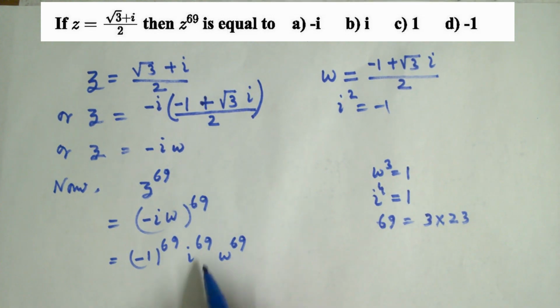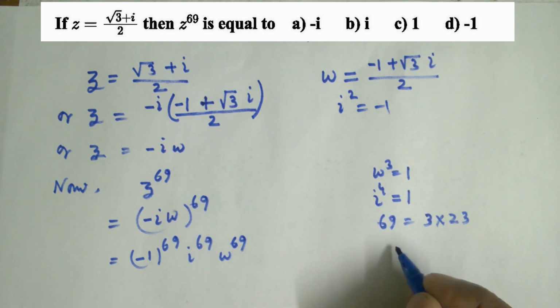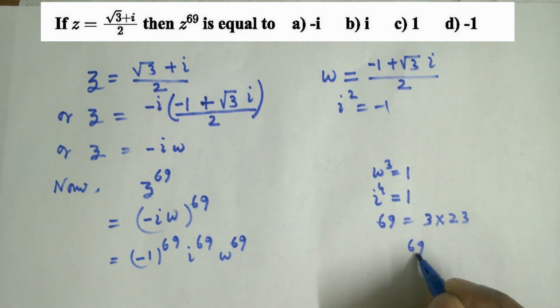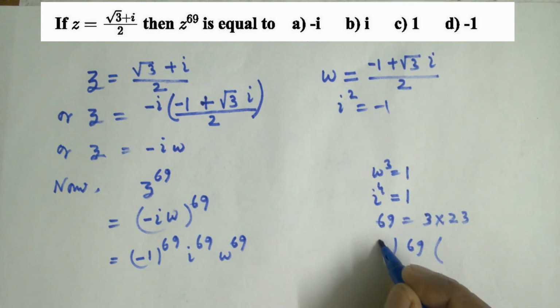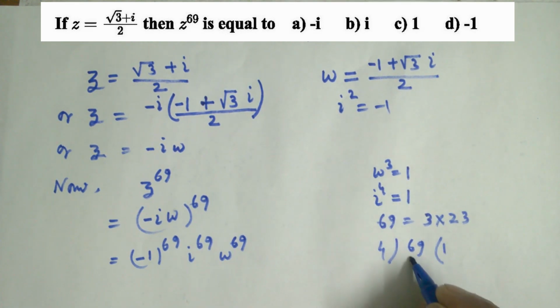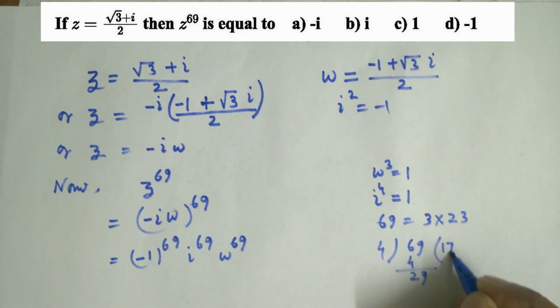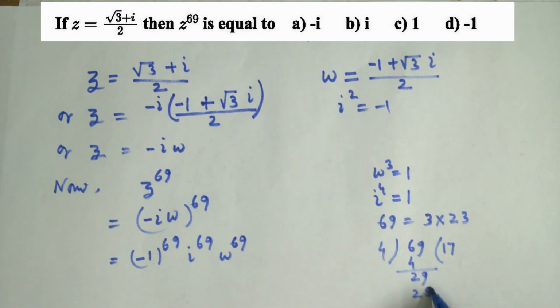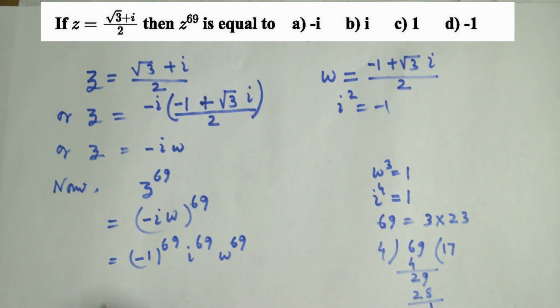And divide 69 by 4: 4 times 17 is 68, remainder 1.